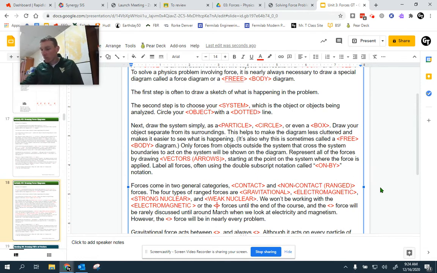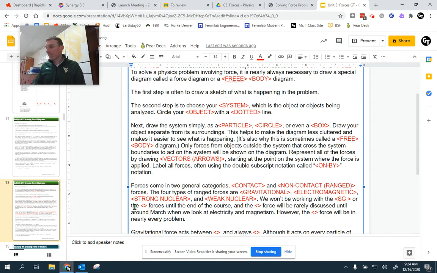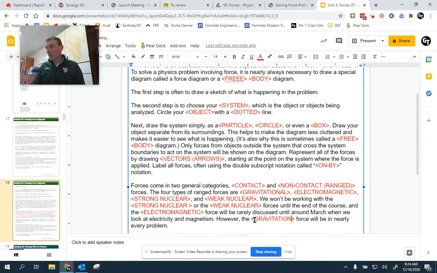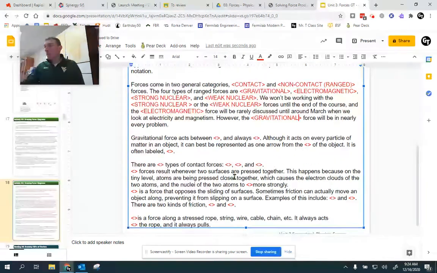We won't be working with electromagnetics, strong nuclear, or weak nuclear. Again, electromagnetic we might get a chance to do later on. But the gravitational force is going to be in pretty much every single problem.